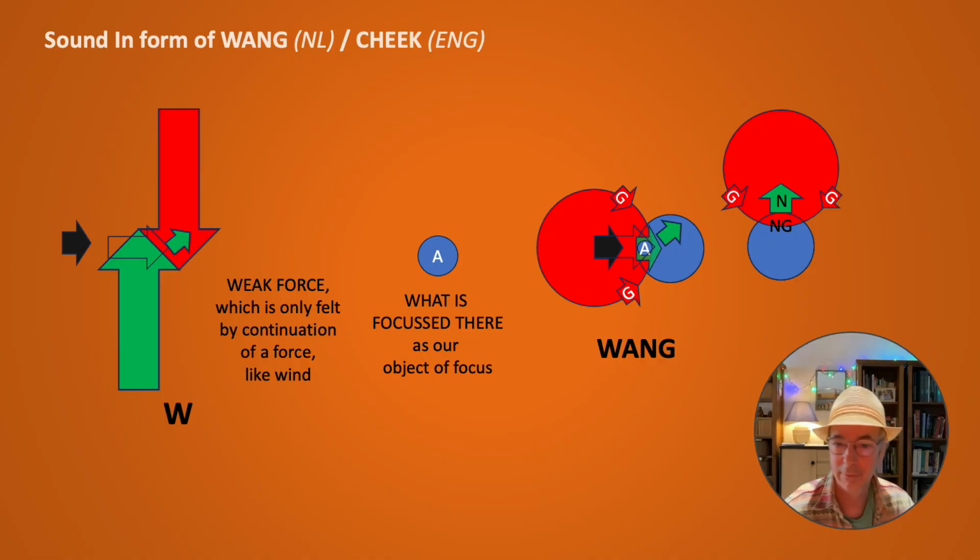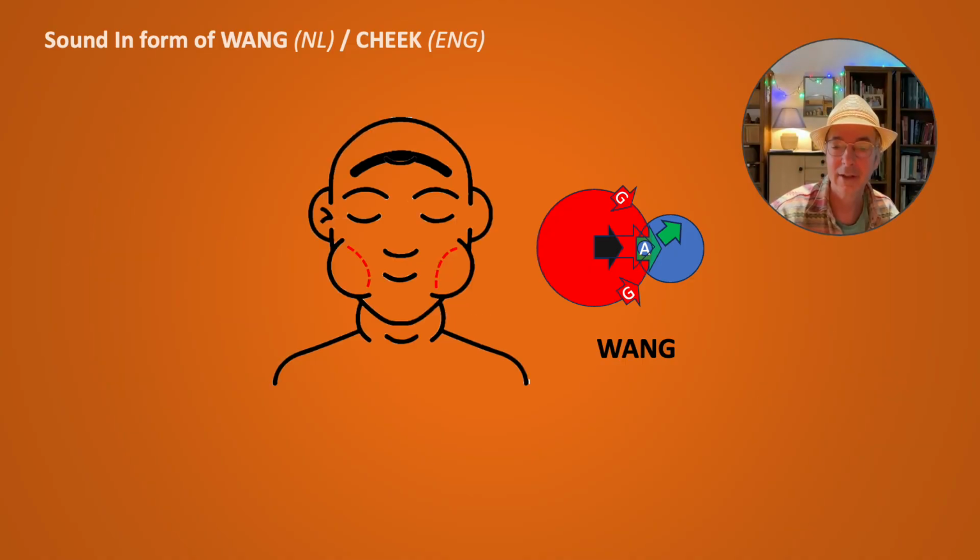So here you have the force that is onto the cheek, of course, which focuses on the place to be, which is extending there as well. You have this force from within, but also going outside. And that describes wang quite well.